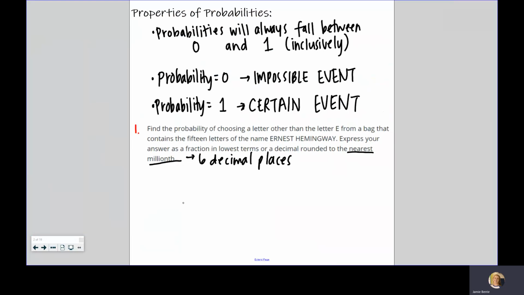All right, so suppose that you had this name, Ernest Hemingway, and you wrote each letter of that name on a slip of paper. You drew each of the letters on a little slip of paper and you put them in a hat.